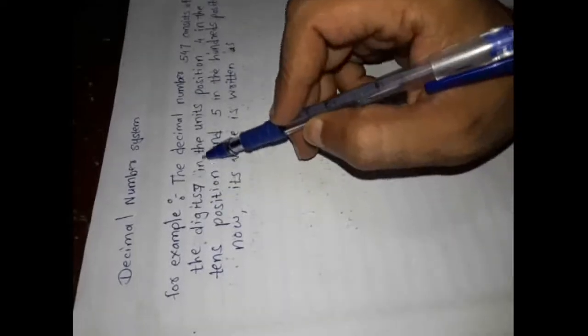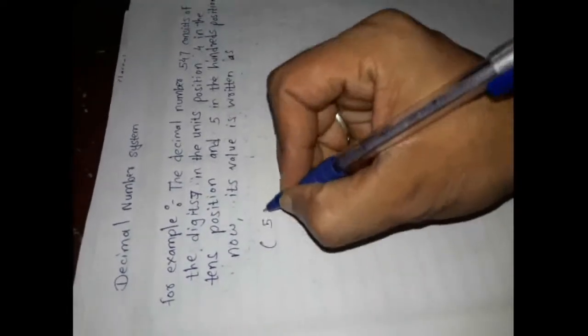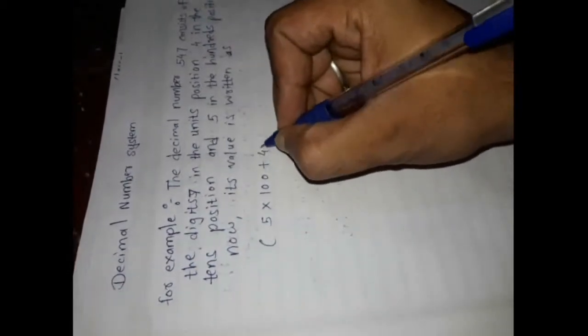First of all, 5 in the 100 position means 5 into 100. Then 4 in the tens position means 4 into 10, and 7 in the unit position means 7 into 1.